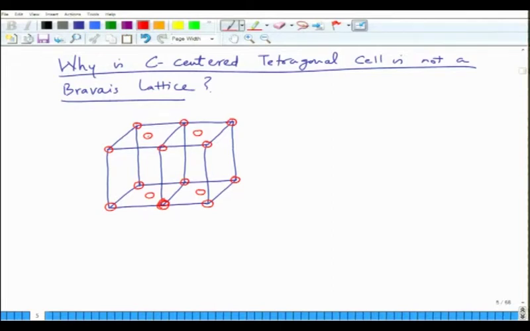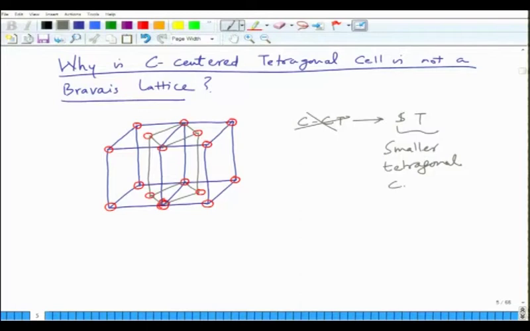Because you can always make a simple tetragonal cell with the same symmetry. So, the answer is C centered tetragonal is nothing but simple tetragonal. That is why this does not exist. So, basically a smaller tetragonal cell.